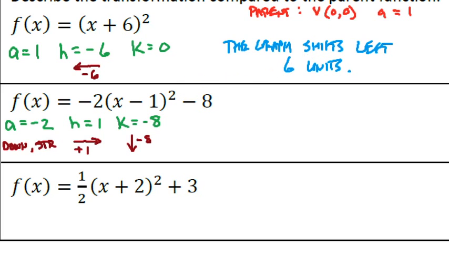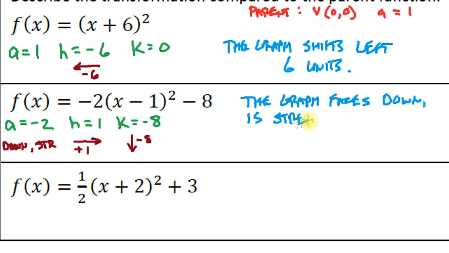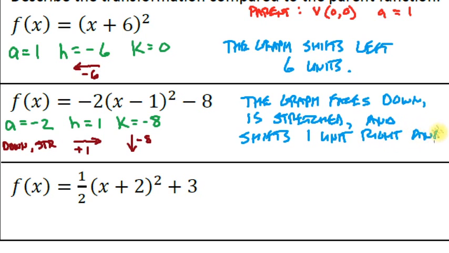So the way I describe this is the graph faces down, is stretched, and shifts 1 unit right and 8 units down.